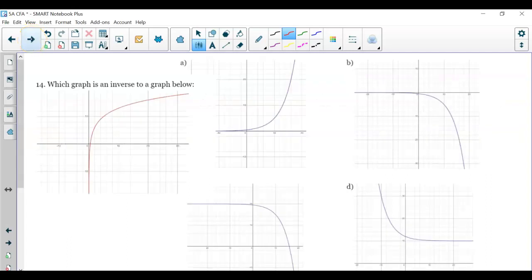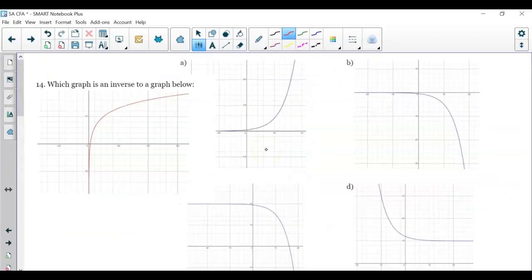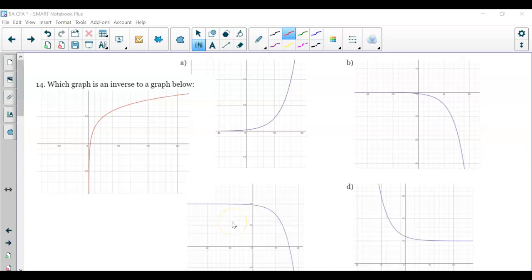And then question 14. Sorry about that. We're looking for the inverse of our function here. We're given this original graph, but we're looking for the inverse. I notice that I don't have an equation, but I can locate points on my graph. For example, here at (20, 16) I have this coordinate.